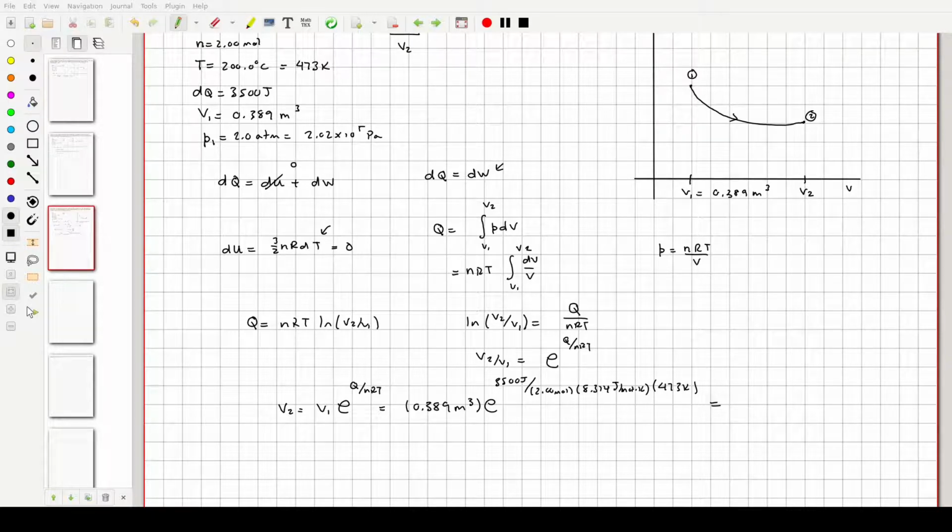0.389 times e to the power of 3,500 joules divided by 2 times 8.314 times 473.